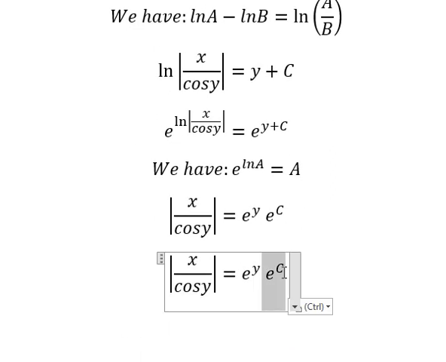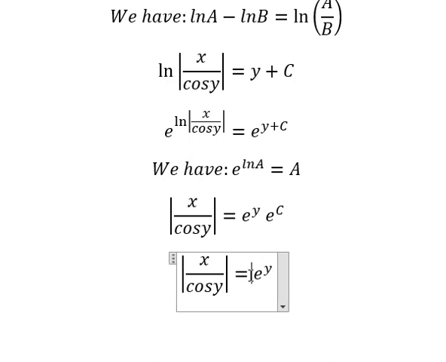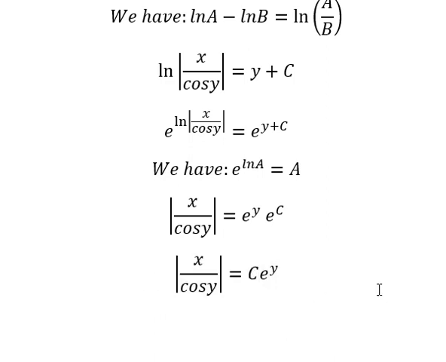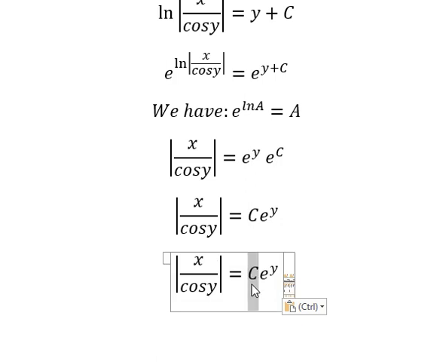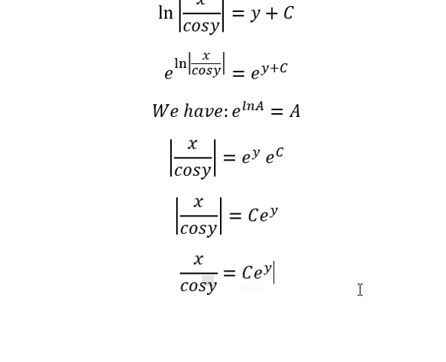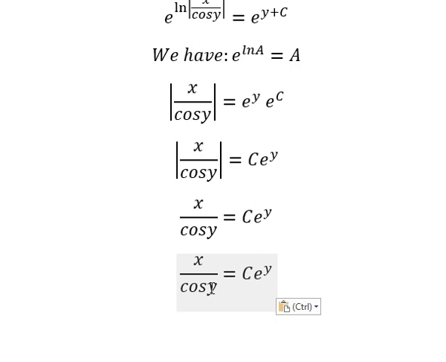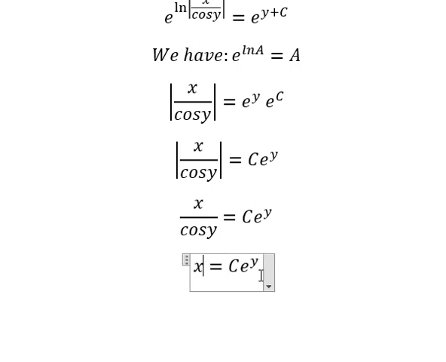We know that this one we can still consider as a constant, because the constant can be positive or negative, so we can cancel the absolute value in here. And now we put cosine y in here.